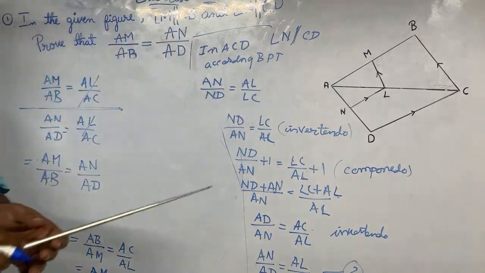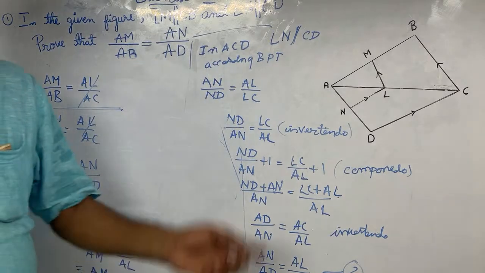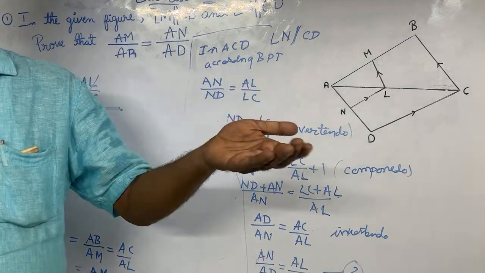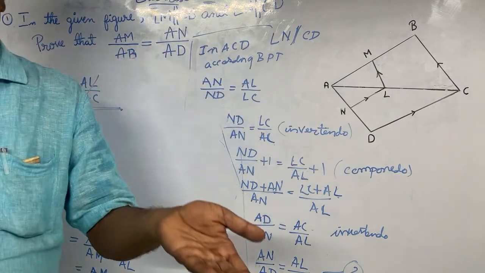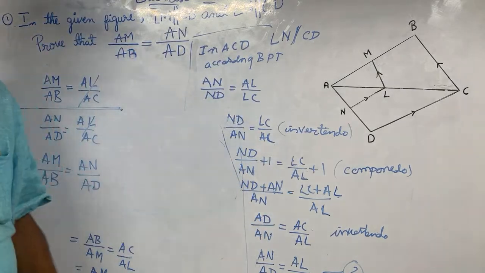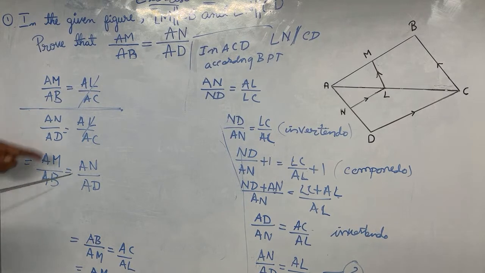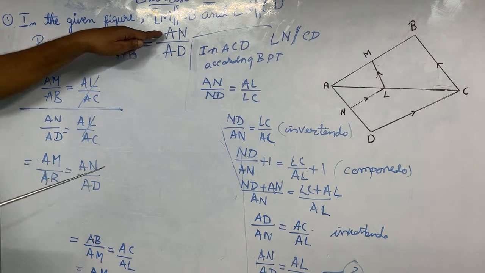In the second triangle also, you take one ratio according to the basic proportionality theorem, do invertendo, add one on either side for componendo, then finally invertendo again, and you get equation 2. Equating equations 1 and 2, we get the final ratio AM by AB is equals to AN by AD.